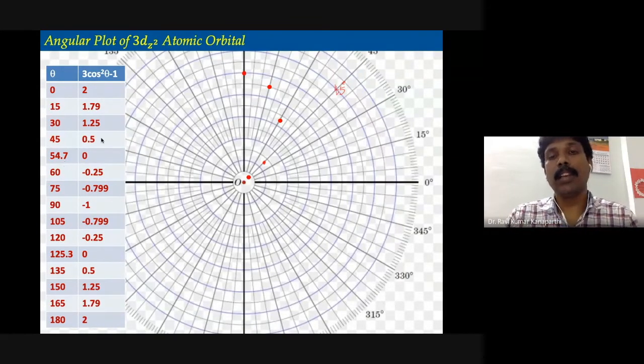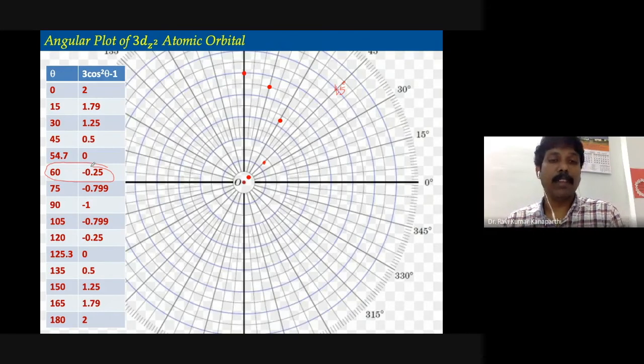You can see that the wave function starts from the z-axis, and then at 15 degrees, 30 degrees, 45 degrees it is 0.5, and then it will go to 0. How do I know that? Because I have calculated the other value. At 60 it is going to a negative value, so this is a positive value.